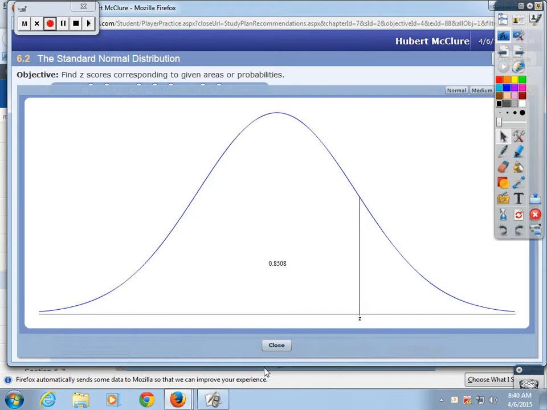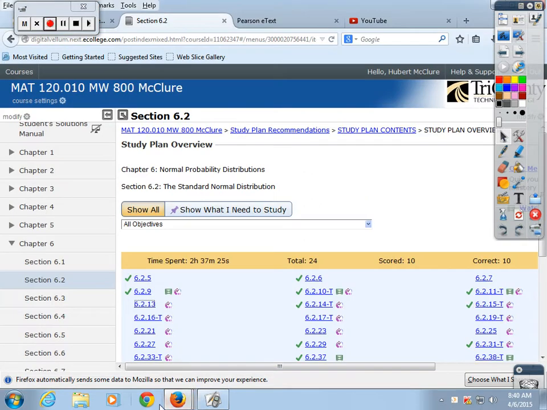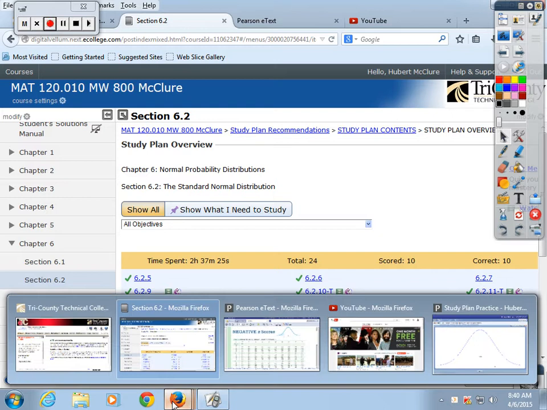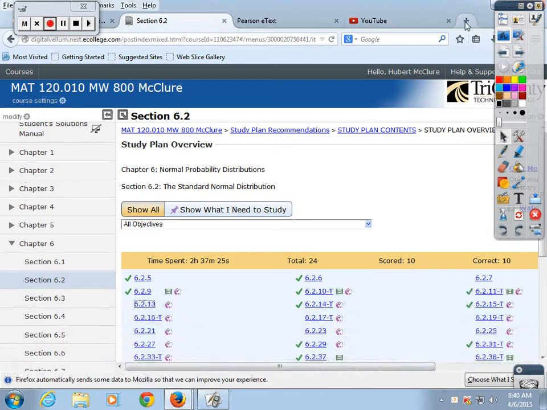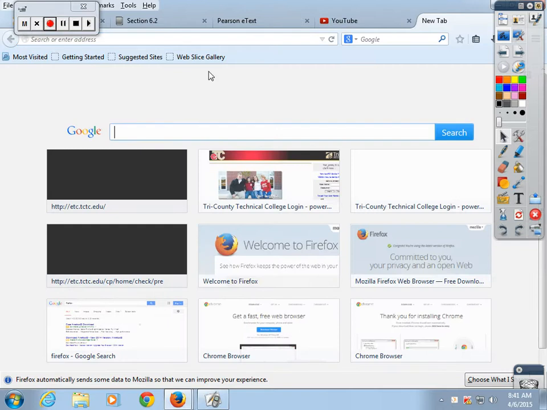Or you could go to Google. This is for those people that don't want to work a lot, those people that don't want to print or copy.